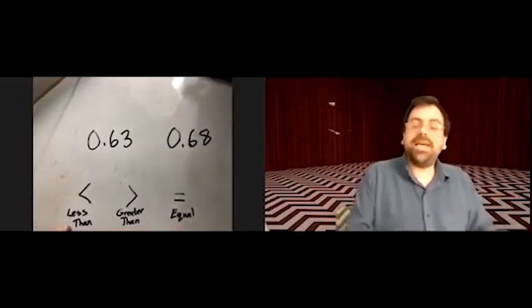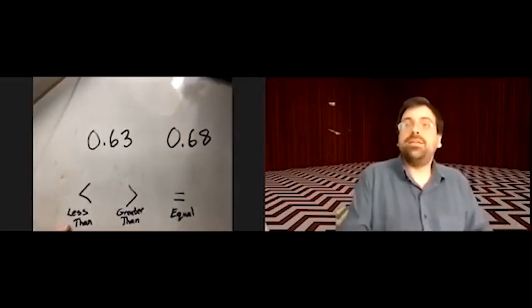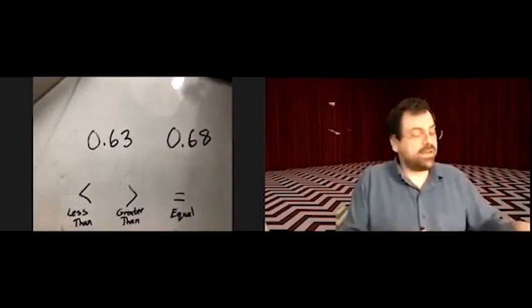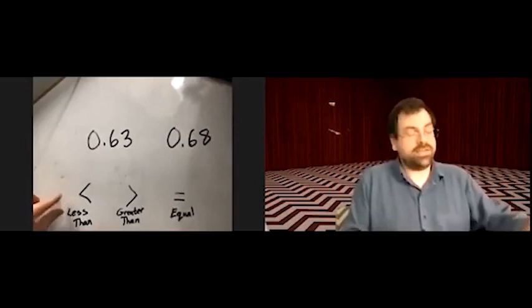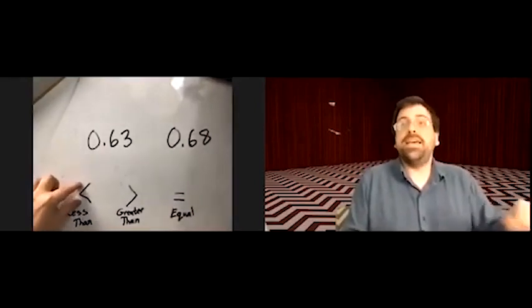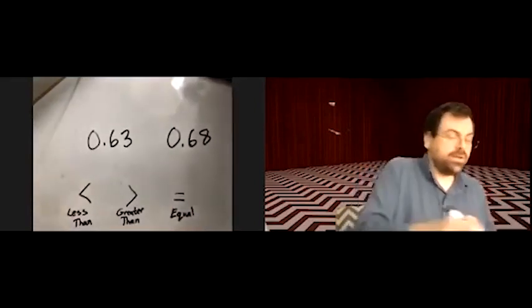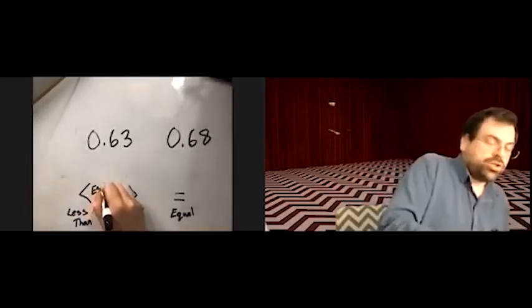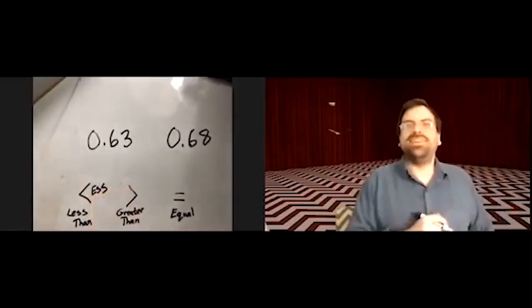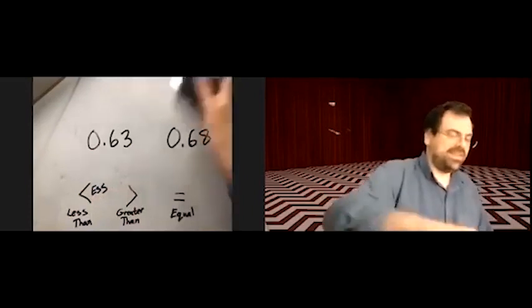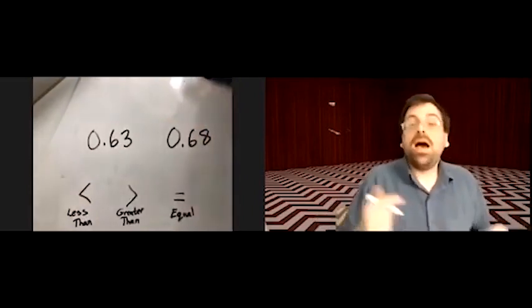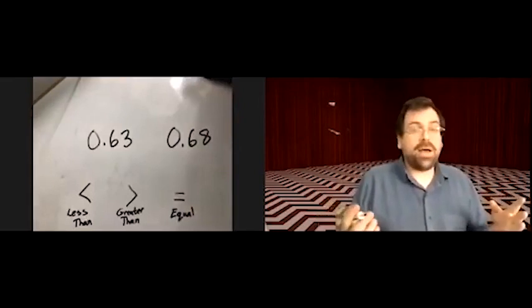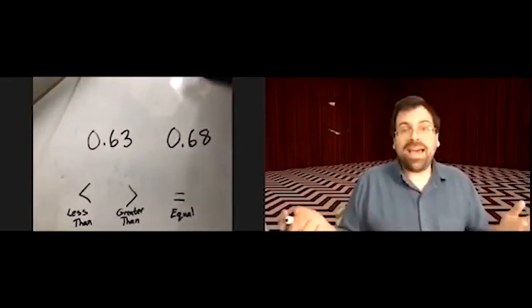The way you can keep less than and greater than straight is that the L in less, when you tilt it, makes the less than shape. Less. See it? I like to remember it by using our old friend Pac-Man.